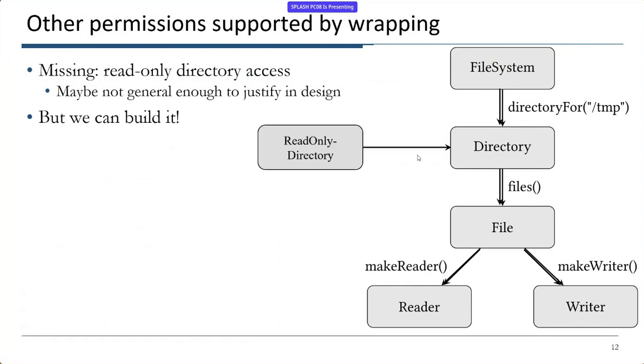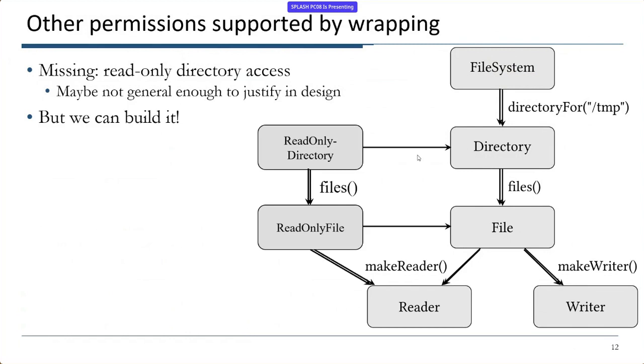What we can do to build it is we can implement our own read-only directory. Internally, it has a pointer to the directory, but it doesn't let clients get the directory, right? There's no get directory function on read-only directory. Instead, there's a files function, but the files, rather than returning an absolute file, returns a read-only file, which just wraps the file under the covers, right? And then the read-only file you can call make reader on, and you get a reader, but there's no make writer function.